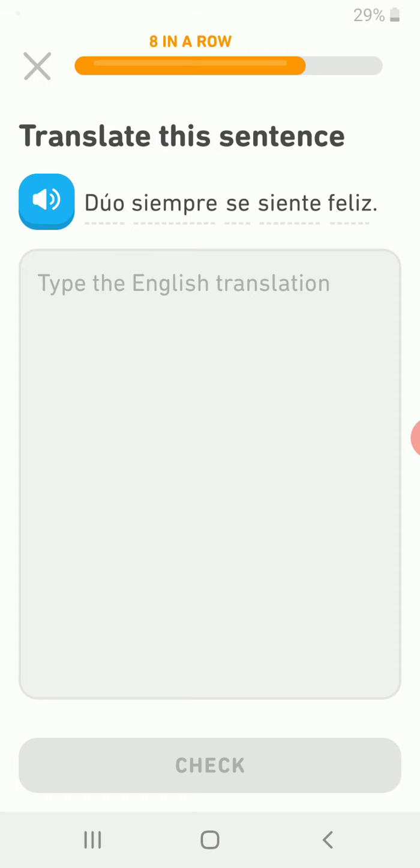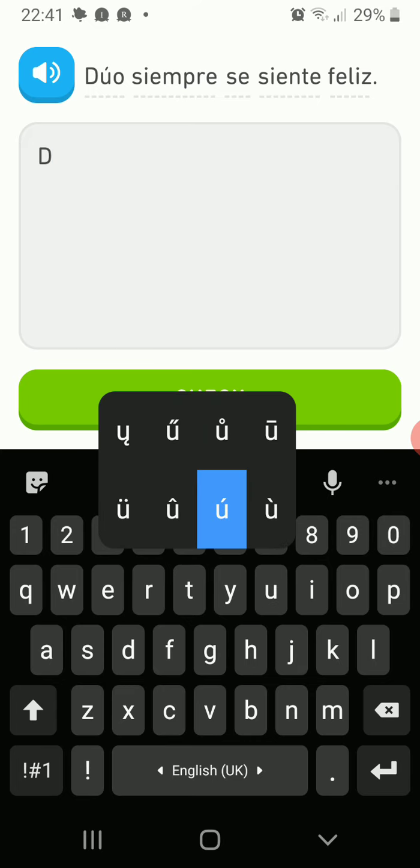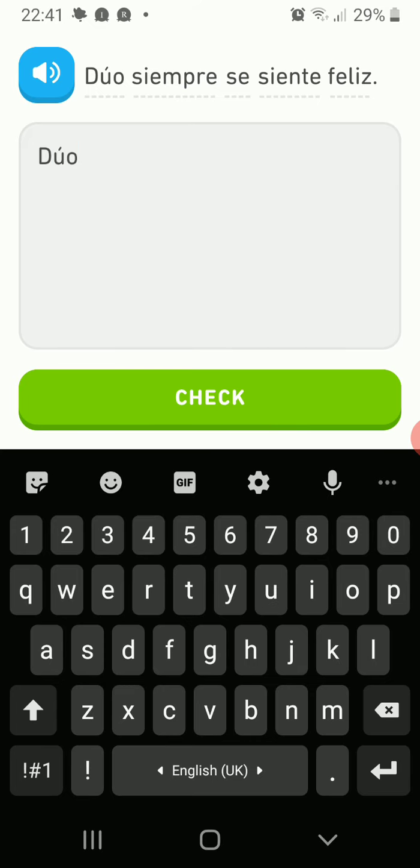Duo siempre se siente feliz. So Duo is this animal of this application, the mascot. Siempre is always, nunca is never. Always feels happy.